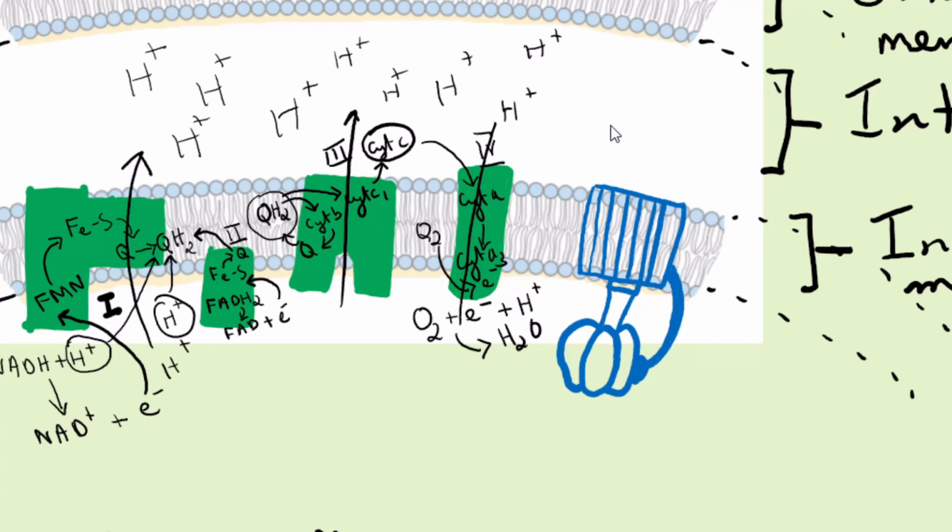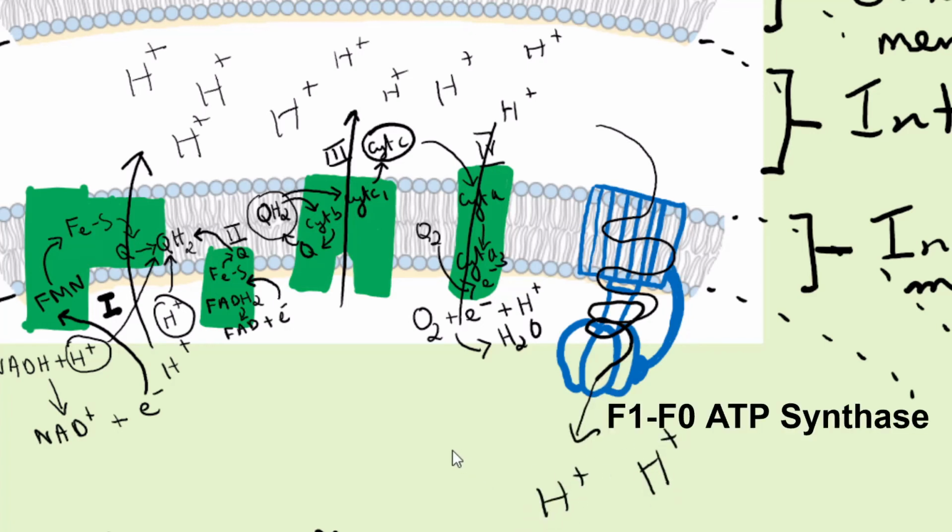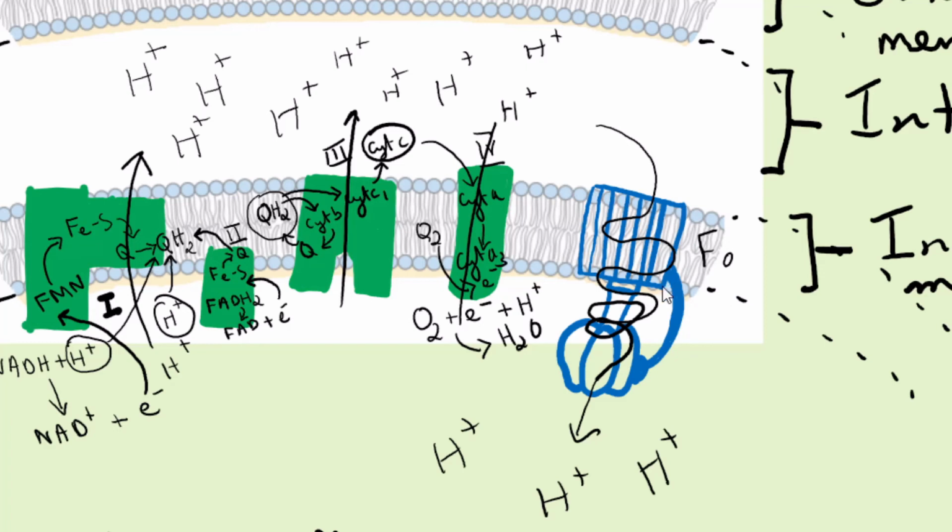So they will do this through facilitated diffusion, and that is, they will move through this very special protein complex and mechanically rotate this protein complex, which is referred to as the F1 F0 ATP synthase. The F0 part will be embedded in the inner mitochondrial membrane, while the F1 knob will protrude into the matrix.